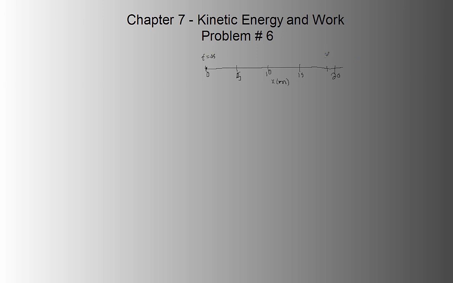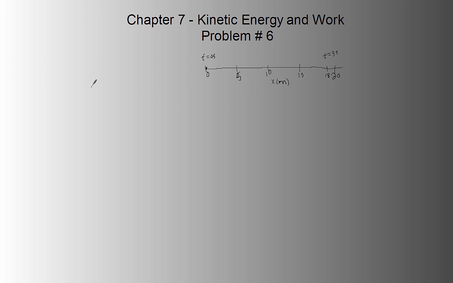At t equals 3, it's here at 18, and it also tells you T1 and T2 where it's at, but you don't really need those, except for the fact that they're 1 second intervals, t equals 1, t equals 2, so you can see that it's basically slowing down. It covers less distance each time.